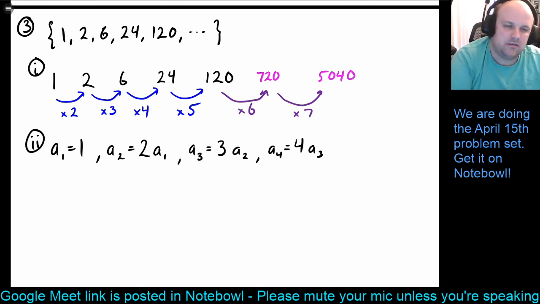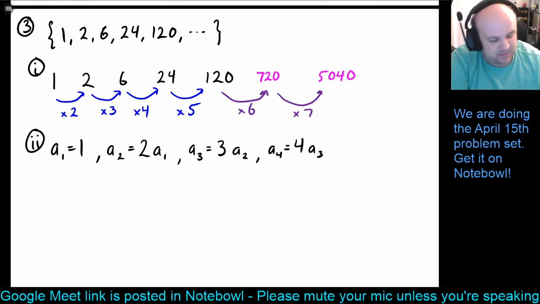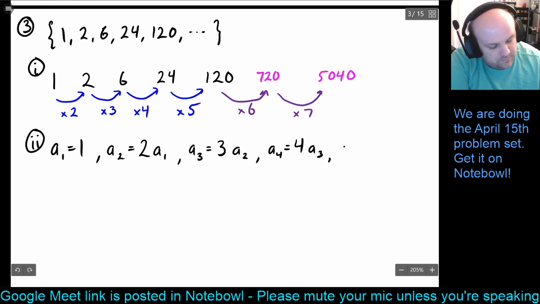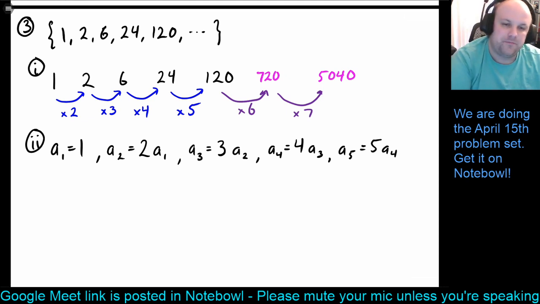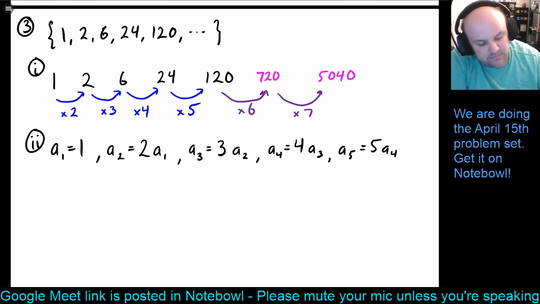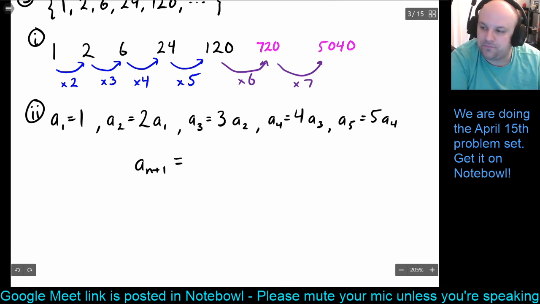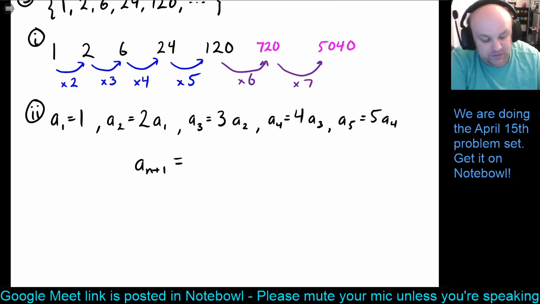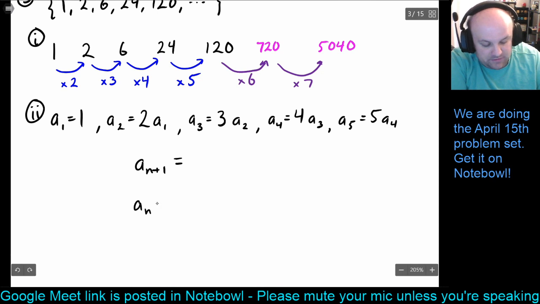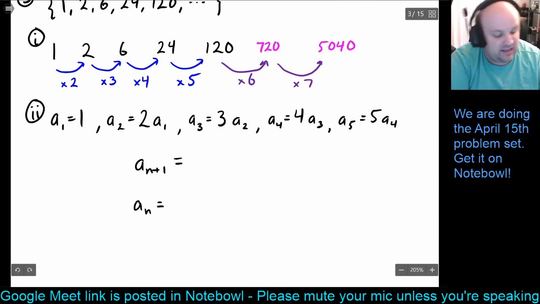right? A4, I get this by taking A3 and multiplying it by 4. Is that hopefully making some kind of sense for how this pattern is evolving? A5, 5 times A4, so on. Right. So use this and try and make a guess as to what a_(n+1) is. Or if you so prefer, you can try and figure out a_n.